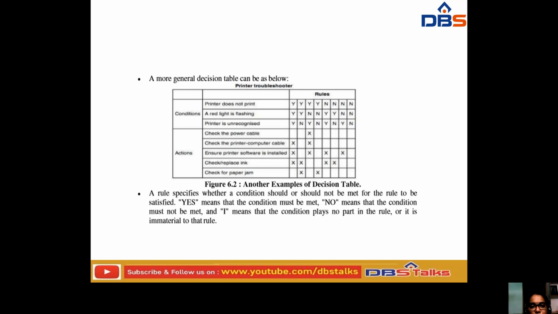So if the printer does not print, then for rule 1, rule 2, rule 3, rule 4 we are writing Y, and otherwise if it is not printing we are writing N. And here this is the condition, the red light is flashing, and another condition we have is the printer is unrecognized. Another action here is check the power cable.